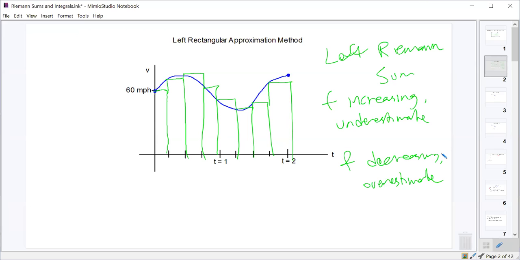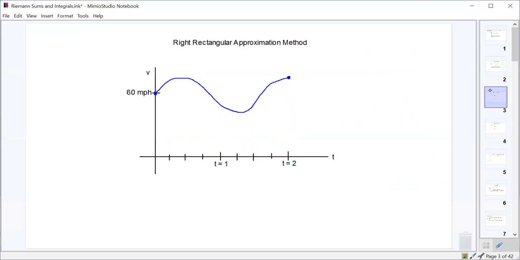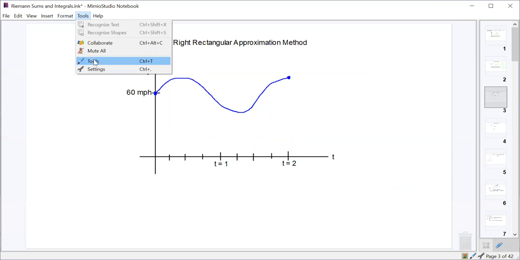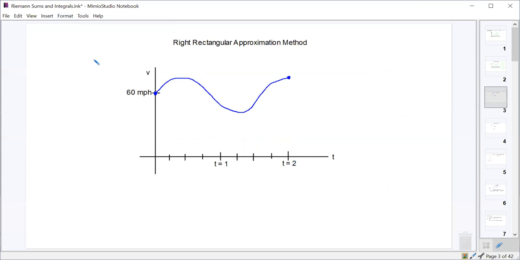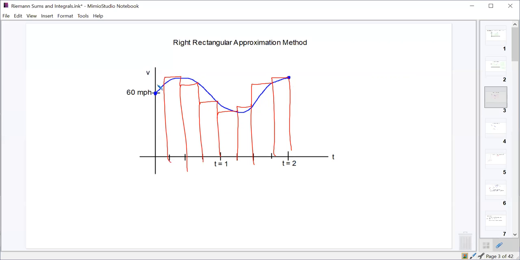Yeah? All right. Well, we've got a left rectangular approximation. It seems only reasonable that there be a right rectangular approximation as well. So for this one, we do the same thing, except we start at the right endpoints of each of our subintervals, and we make a bunch of rectangles. Just like that.